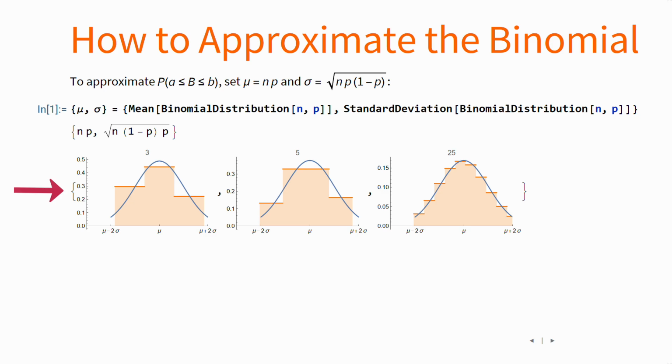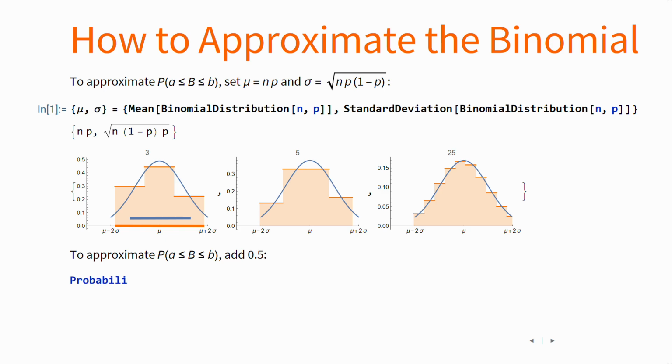Here are the two distributions overlaid. Let's consider this probability. If you don't adjust the bounds, it may look like this, where orange is for the binomial and blue is for the normal distribution. Let's say our bounds are inclusive.